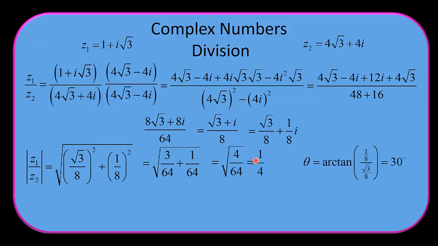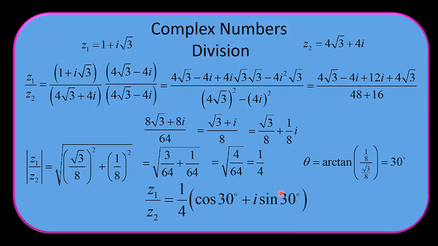I need theta. So theta equals arctan of the imaginary part over the real part. And that just turns out to be 30 degrees. So here's what we have. Z1 divided by Z2 is 1/4 cosine 30 degrees plus i sine 30 degrees.